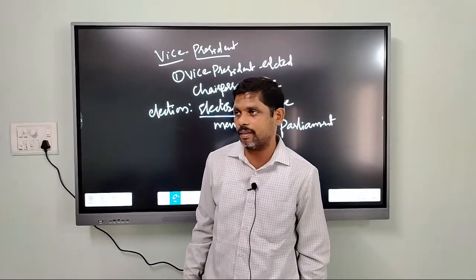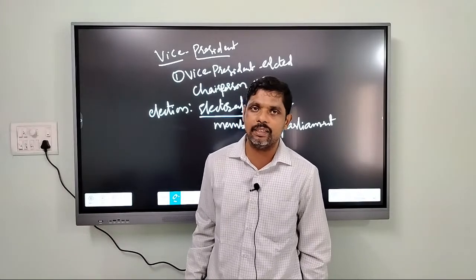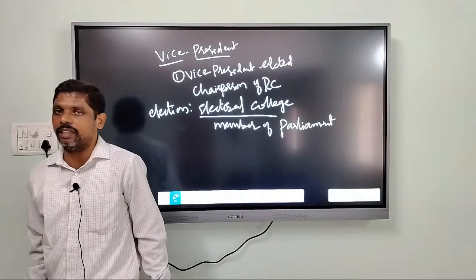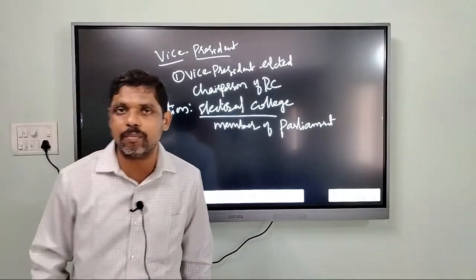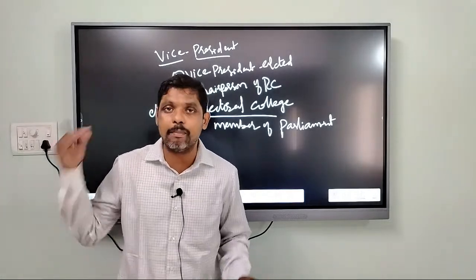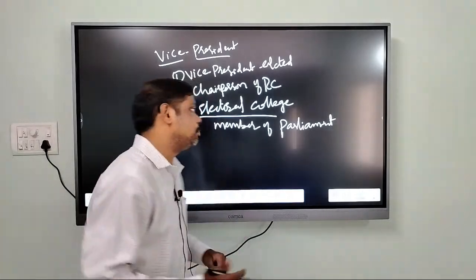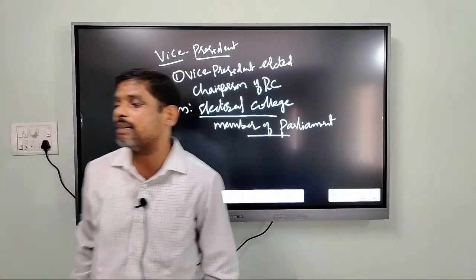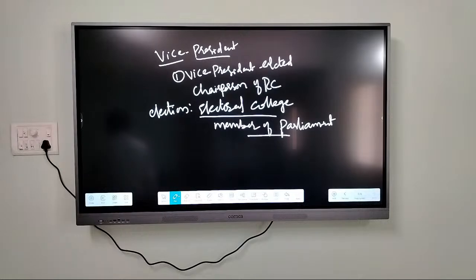So already we have seen the composition of the Electoral College electing the President of India. In the election of the President, there is no role for nominated members. But coming to the election of the Vice President, it is members of Parliament. That means it includes both elected members as well as nominated members.